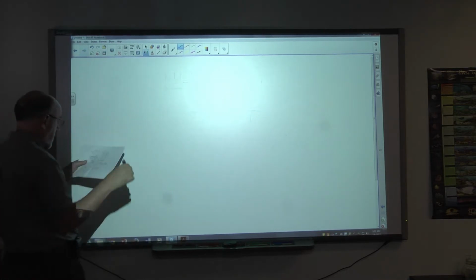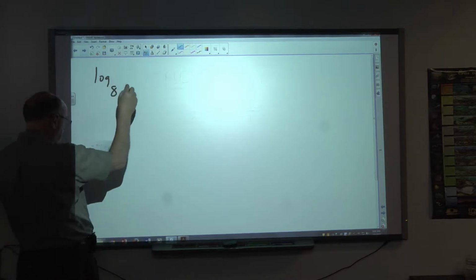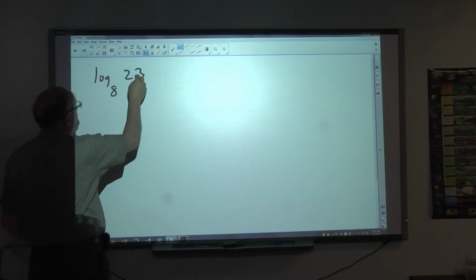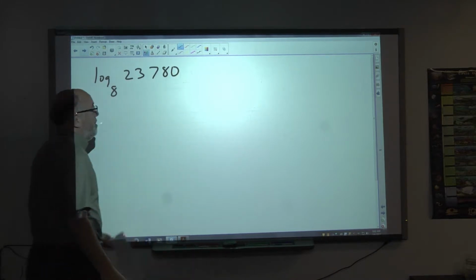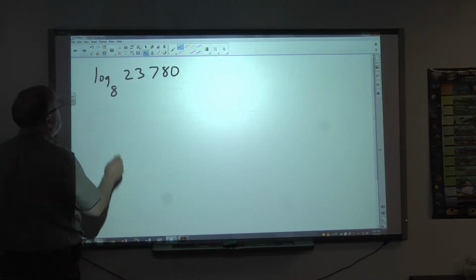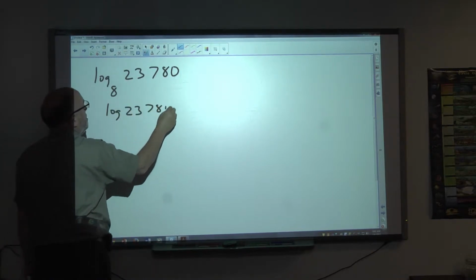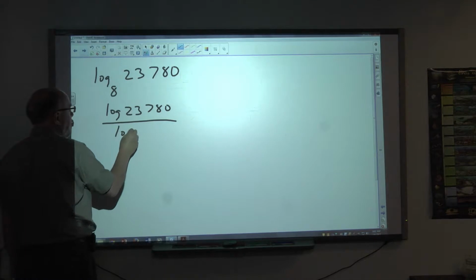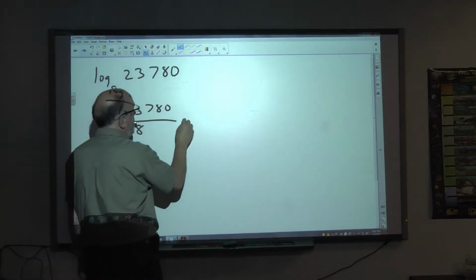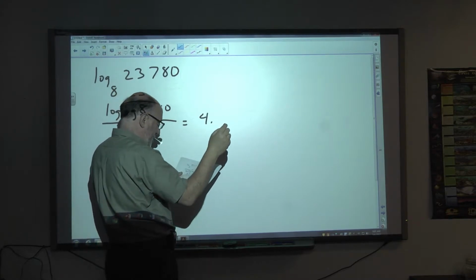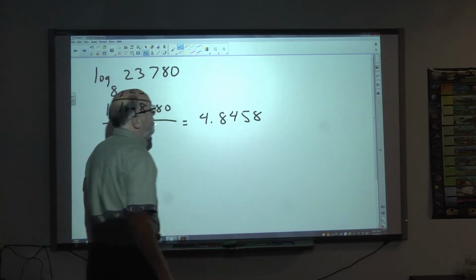Then, for example, if I want to do the log base 8 of 23780, I want to get what that number is. So we take the log of 23780, divide that by the log of 8, and we end up with 4.8458.